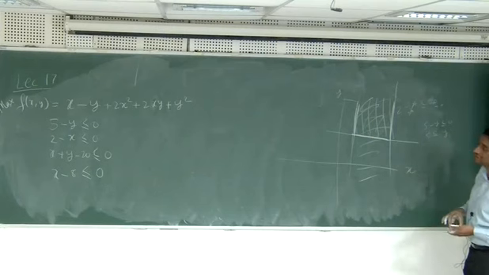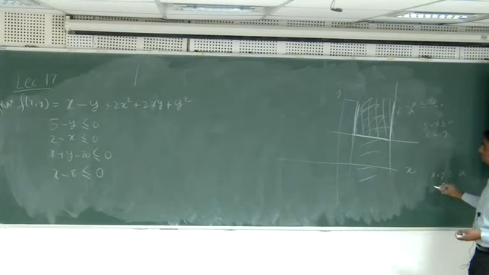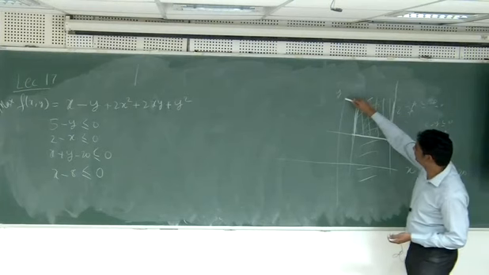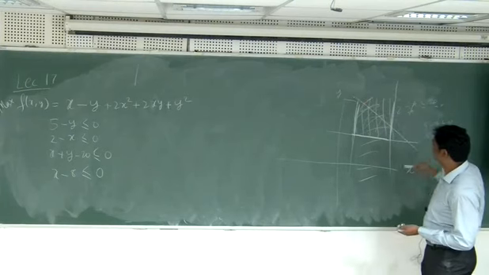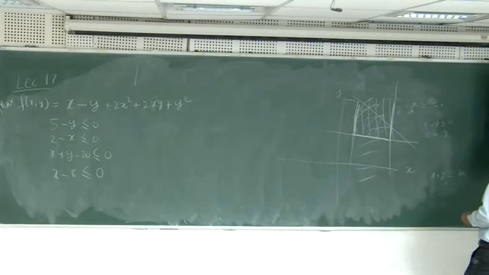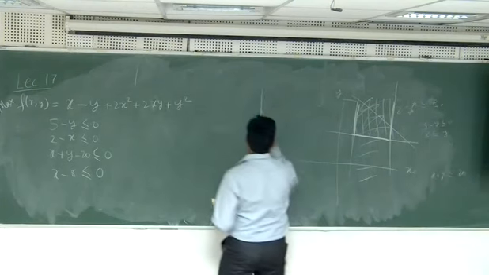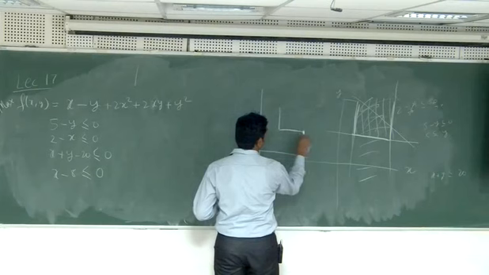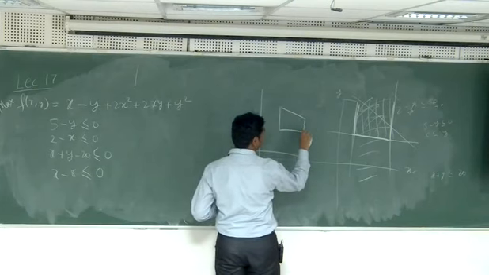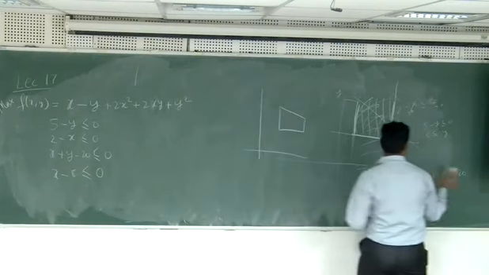And then what is that? x plus y minus 20 less than 0. So x plus y less than or equal to 20. Okay. So something like this it will come. To summarize it, I'll get an area like this.